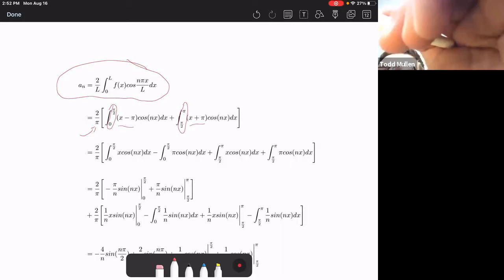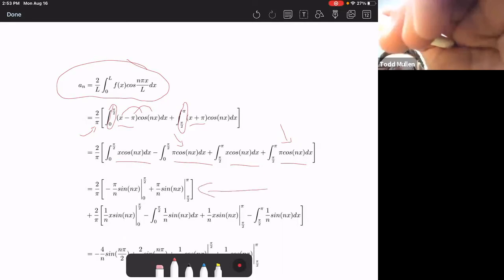Now, we're going to expand this into x cos nx minus pi cos nx. So we're going to end up with 4 pieces here. And 2 of them are going to integrate fairly simply without any further steps. That's going to be the pi cos nx here and the pi cos nx here. So we've just taken those first 2 and put them up here.